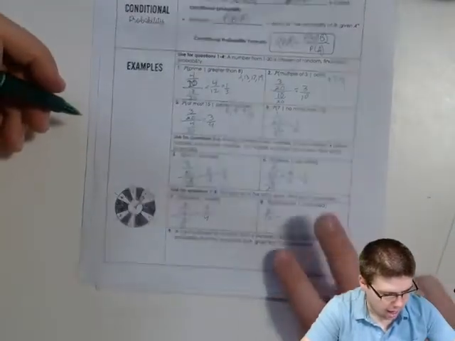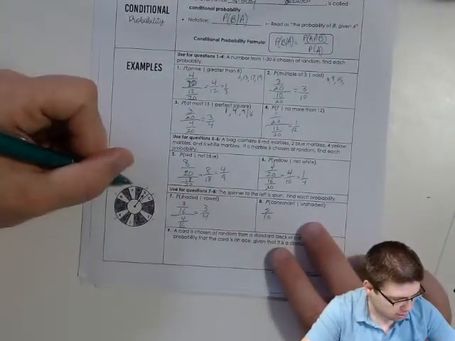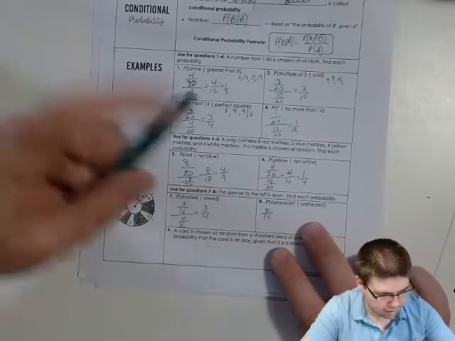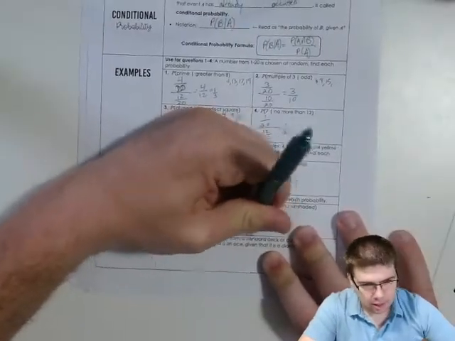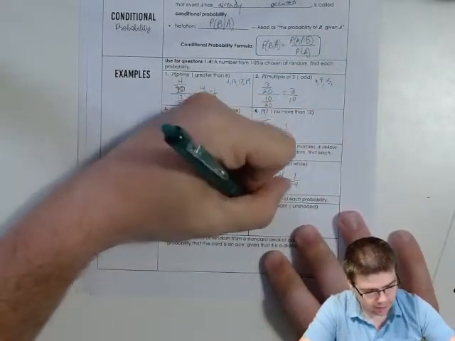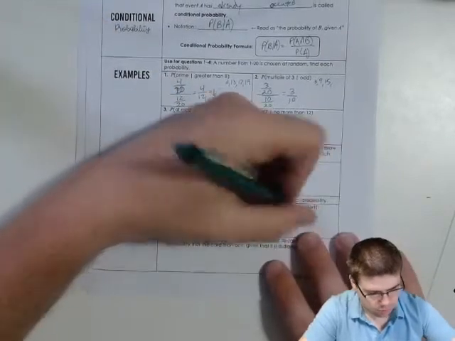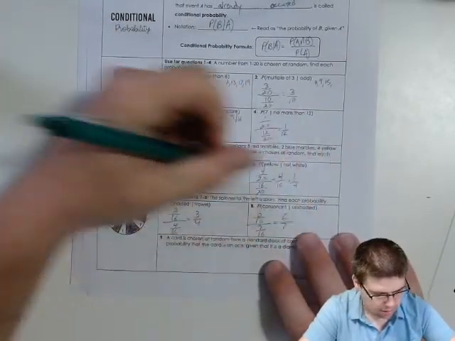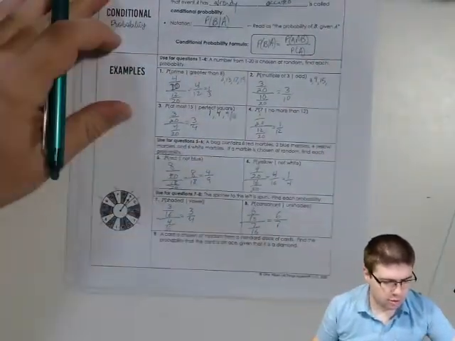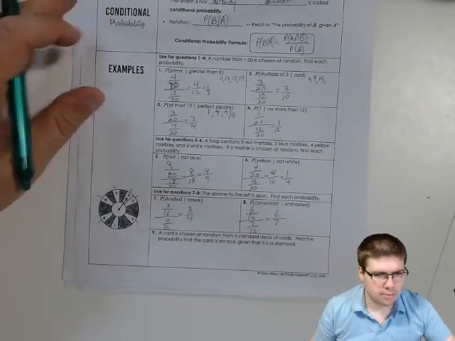And then how many total unshaded are there? I think I counted that wrong. 1, 2, 3, 4, 5, 6. Yes, I did. Yeah, so it's 6 out of 16, and then this is 7 out of 16, which of course reduces to 6/7. 6 out of the 7 unshaded ones are consonants.